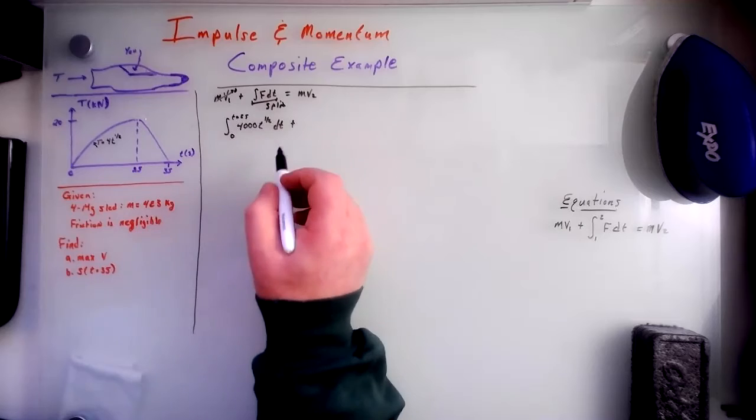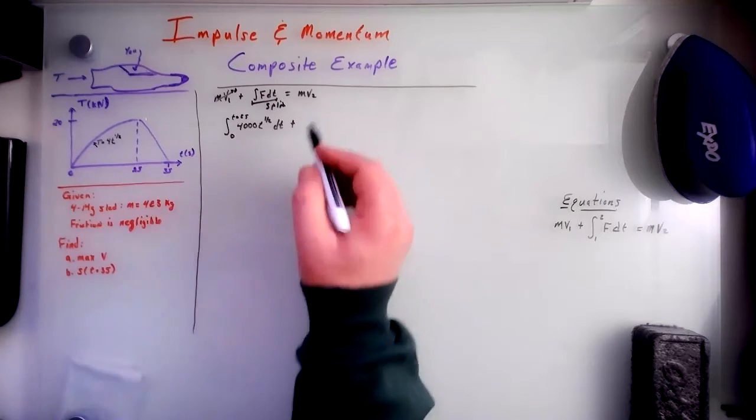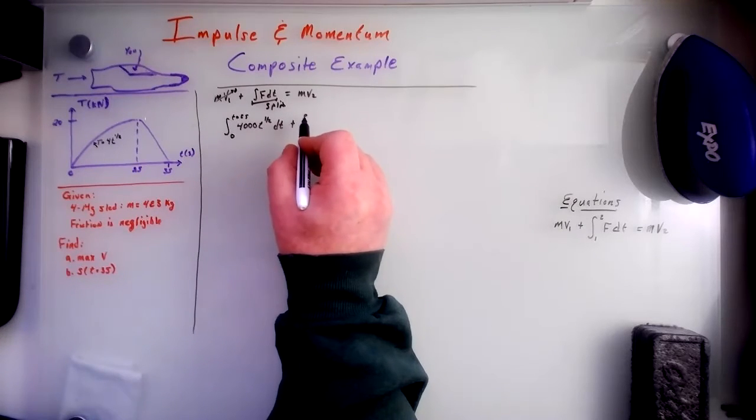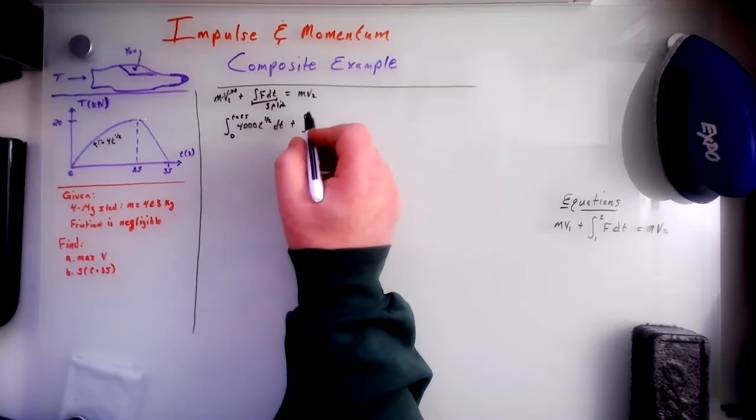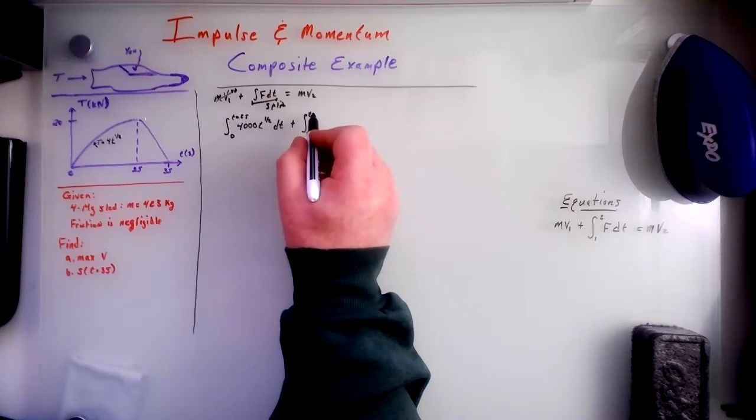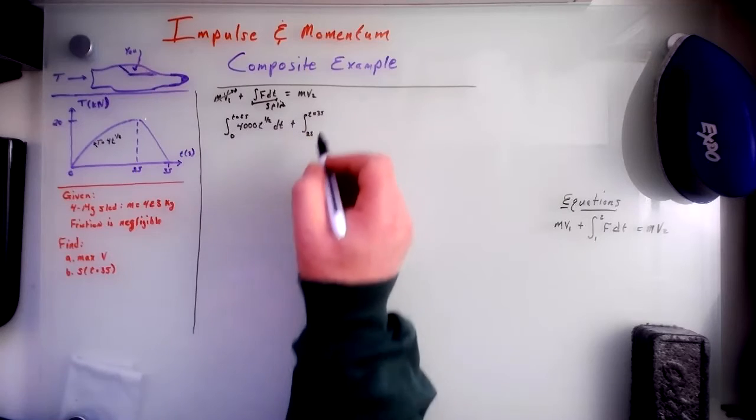Then we're going to have our second integral, going from t equals 25 to t equals 35.